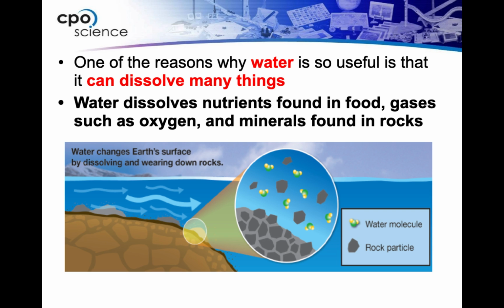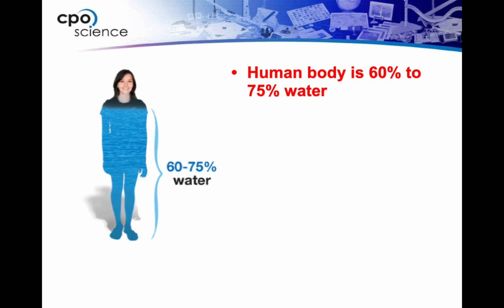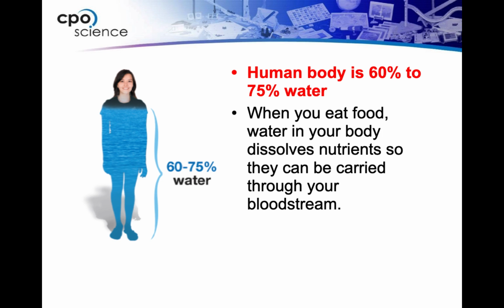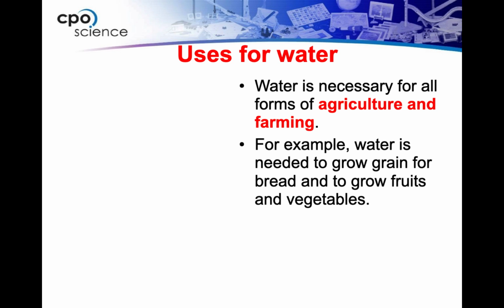Anytime we have a product that we purchase, water was usually involved. It doesn't even matter if the end product is water, water was used in making that product. We're actually about 60 to 75% water, the human body is. So when you eat food, water in your body dissolves nutrients so they can be carried throughout your bloodstream, keeping you alive and healthy. So we have lots of uses for water.